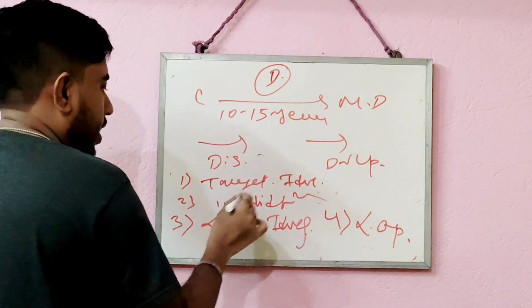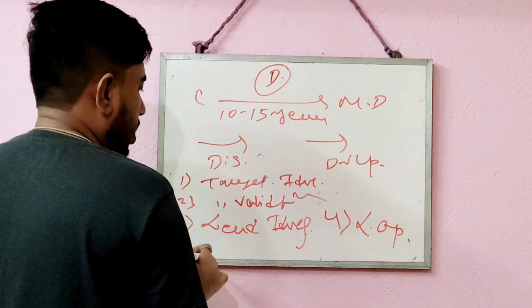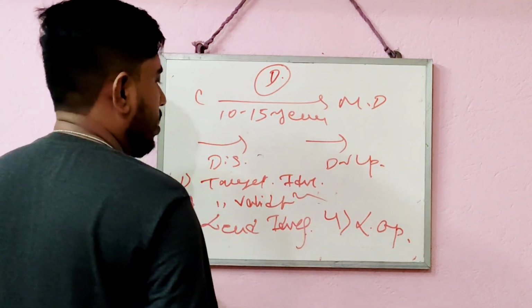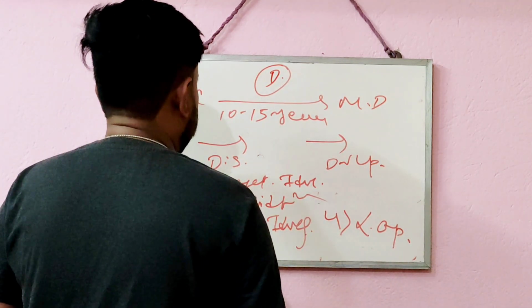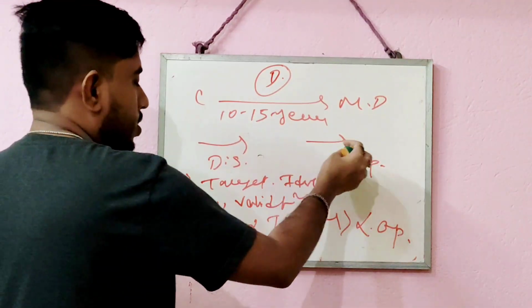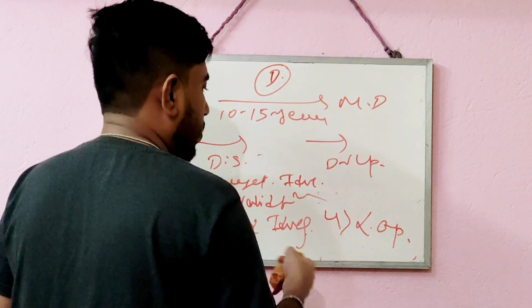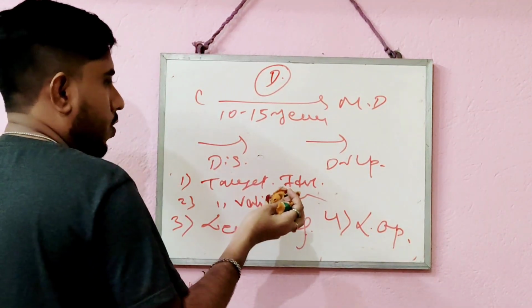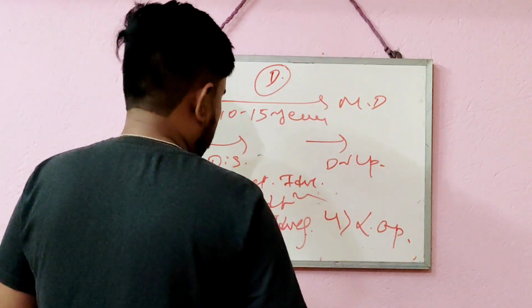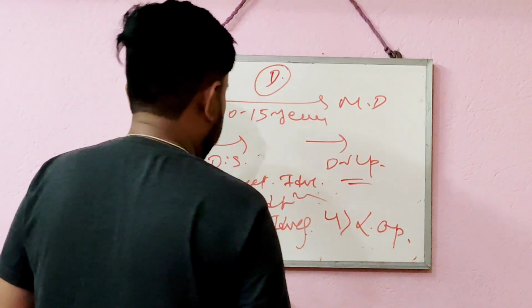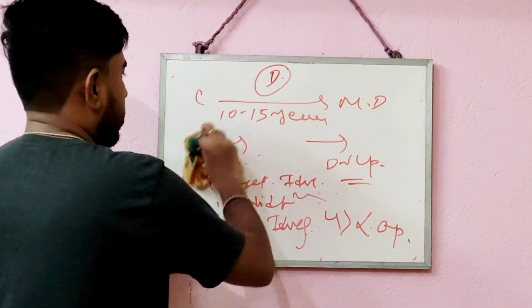So target identification, target validation, lead identification, and lead optimization are the parts of drug discovery. In drug development also, different phases or steps are there that I will discuss when I come to development. Let's focus first on drug discovery.